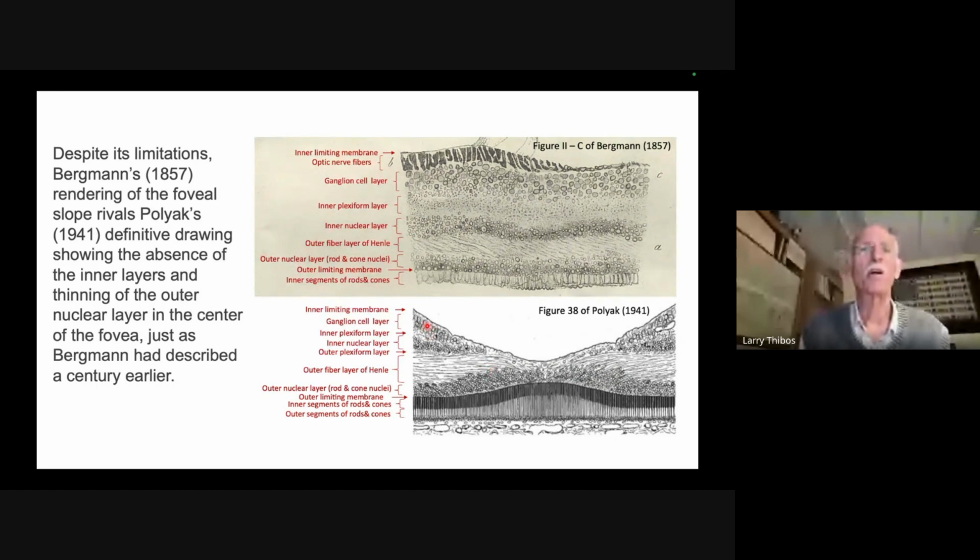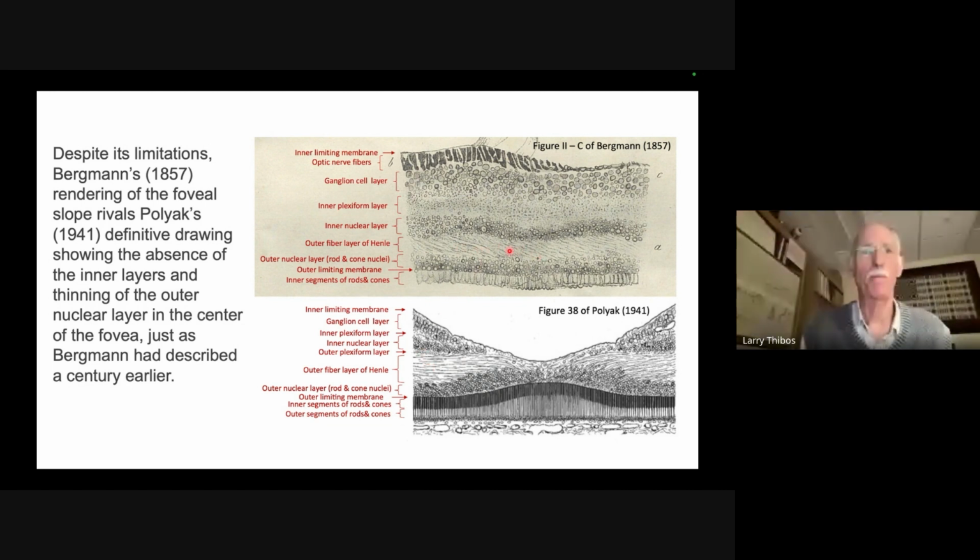Thinning of the retina, thinning of the ganglion cell layers, thinning of the internuclear layers. And look at this, horizontally oriented or obliquely oriented fibers running from the cone and rod nuclei. Those are now known as the fibers of Henle.